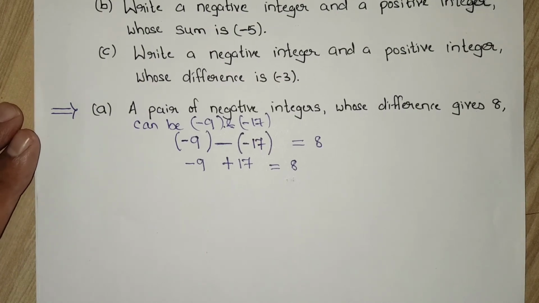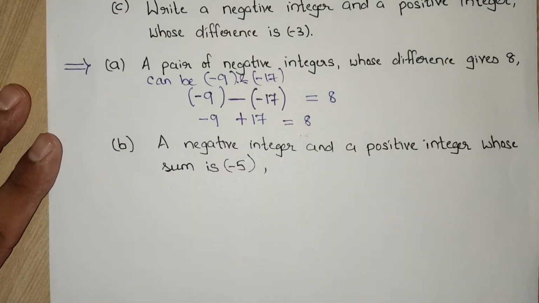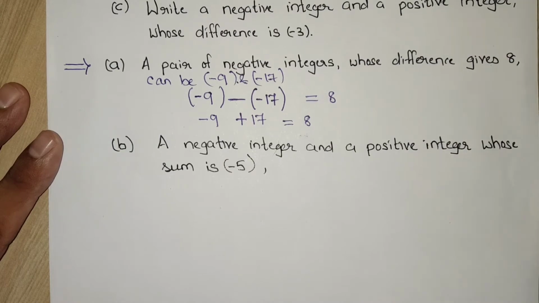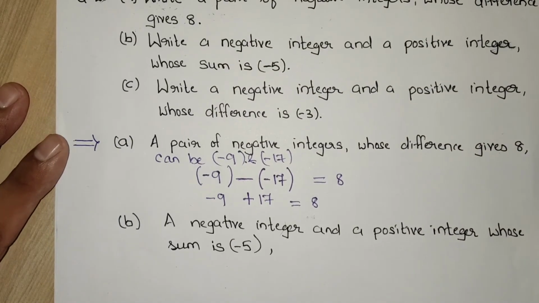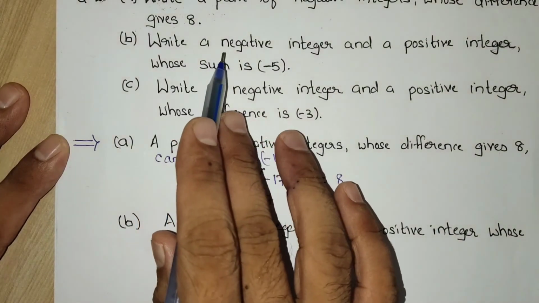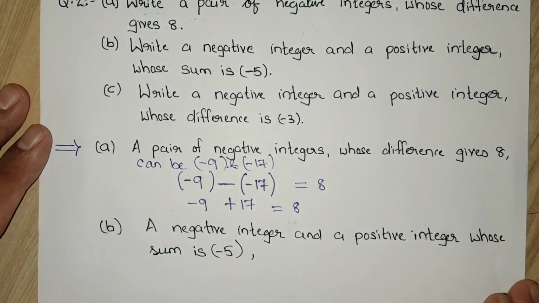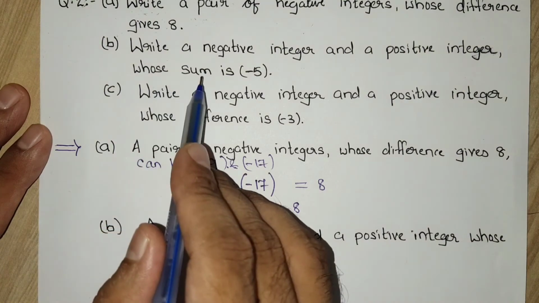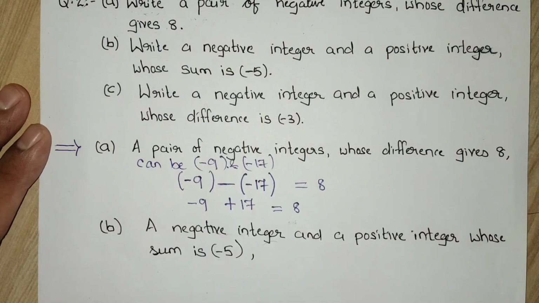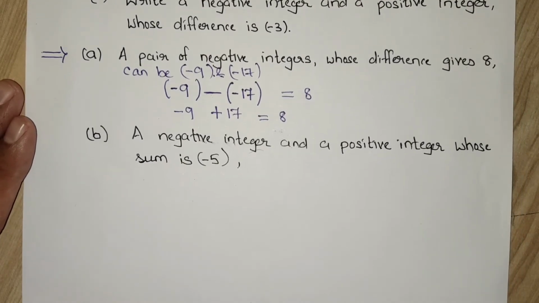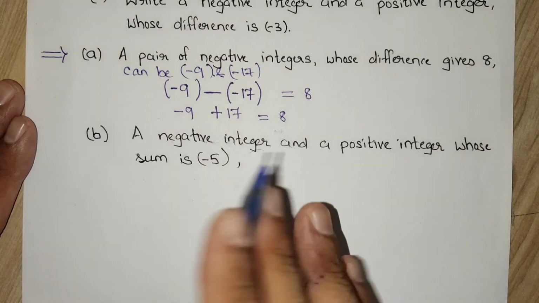Now let me write the second part. Now students, in the second part, they have told us to write a negative integer and a positive integer whose sum is minus 5. Students, this time they told us to take two integers, but both will be different.